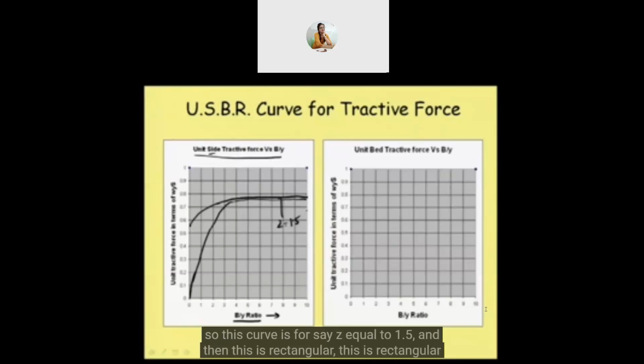And then this is rectangular. And of course, if we draw for a point say Z equal to 1, it will be almost following the same line, but it will be starting from here. So this we can say it is Z equal to 1.